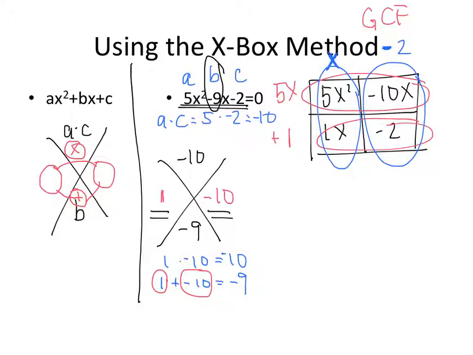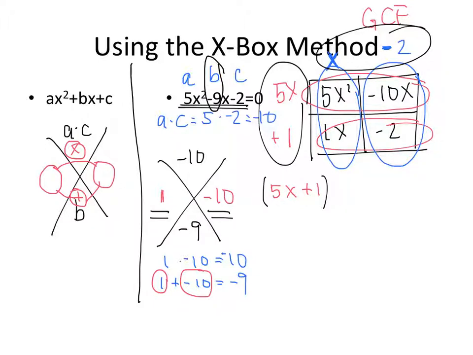So from there, I get my two factors. That means I have 5x plus 1 as one factor, and then I get x minus 2 as my other factor.